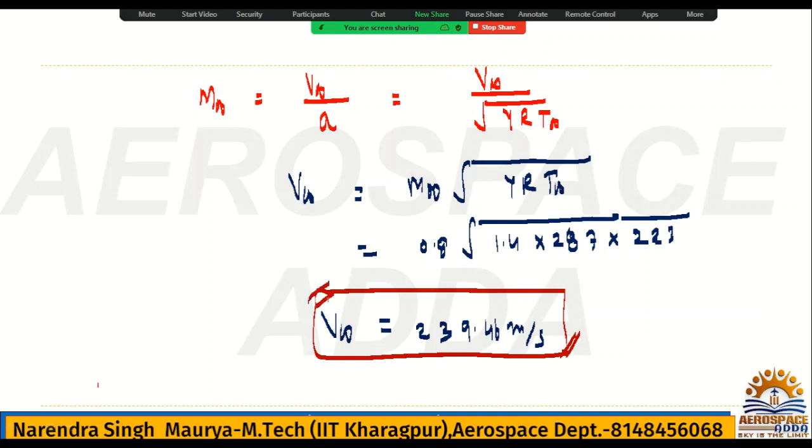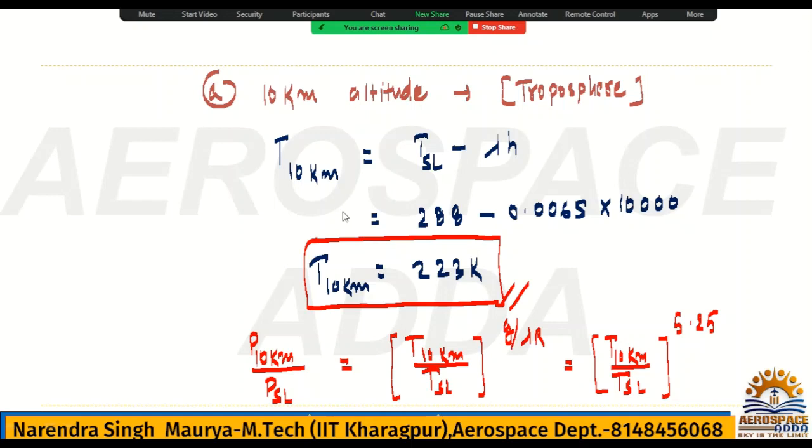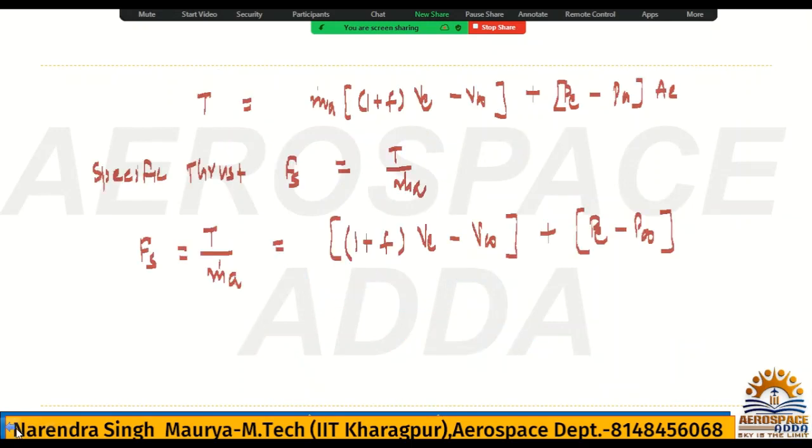Now all the values you have calculated, you have to write in this formula. Now write 1 plus f, Ve minus V infinity, plus Pe minus P infinity. So it will give the specific thrust.